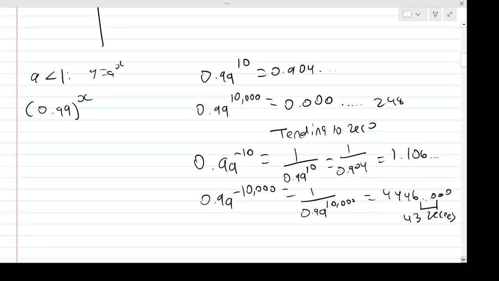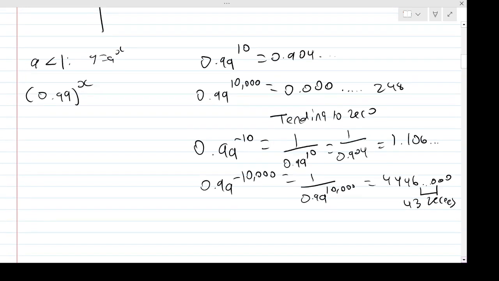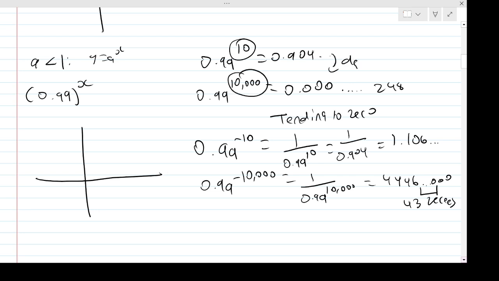And so it has the opposite effect. So with this graph, when a is less than 1, it has the opposite effect. As you can see here, when x gets bigger, the result decreases, right? Which means when x goes to infinity now, the graph gets smaller. So it looks something like this, and it will tend towards 0. So the asymptote will still be at 0.